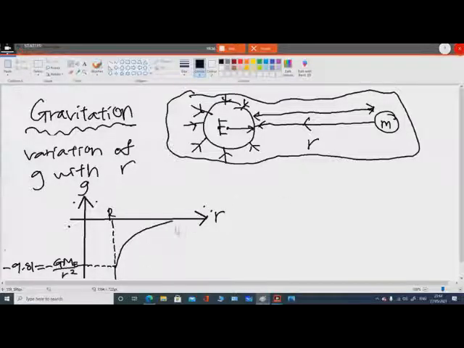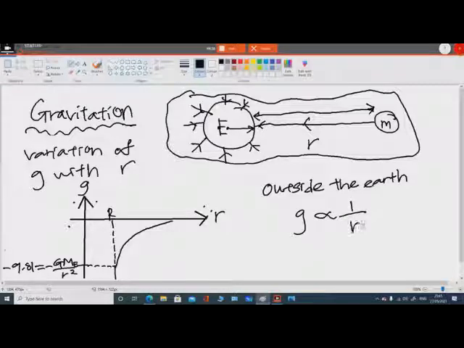Outside the Earth, g is inversely proportional to the square of the distance between the Earth and the mass.